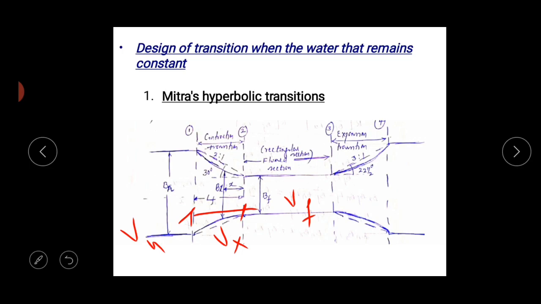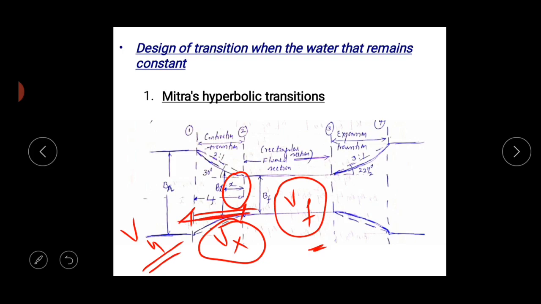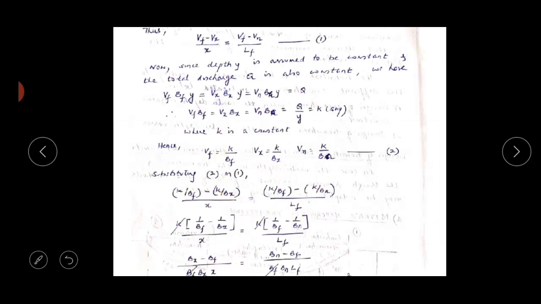So what happens here, the velocity of the flumed section minus Vx divided by the distance x is equal to Vf minus Vn divided by the overall distance, the flume length Lf. That will give you the rate of change of velocity per unit length of transition.